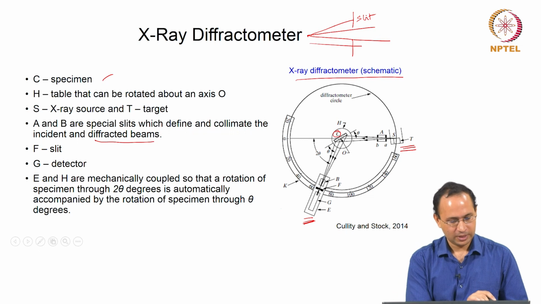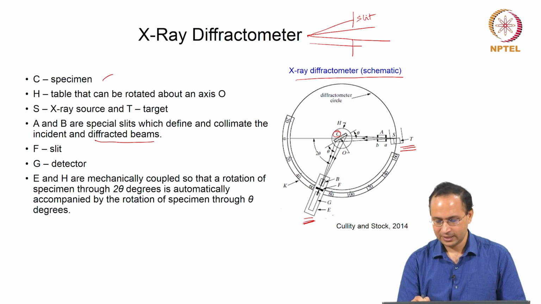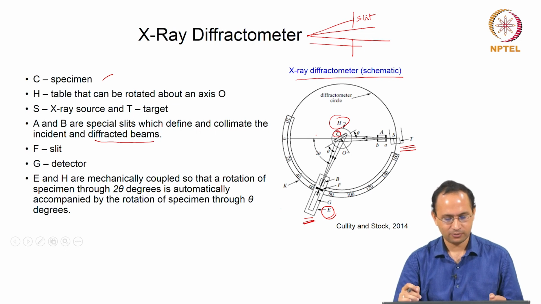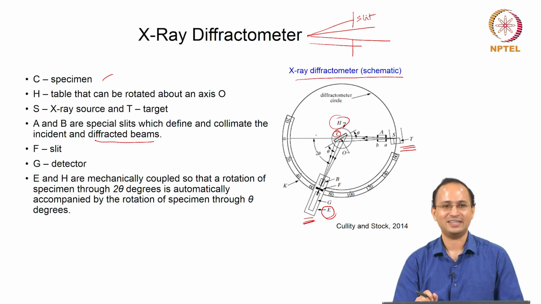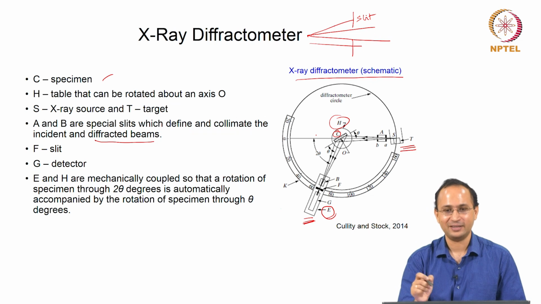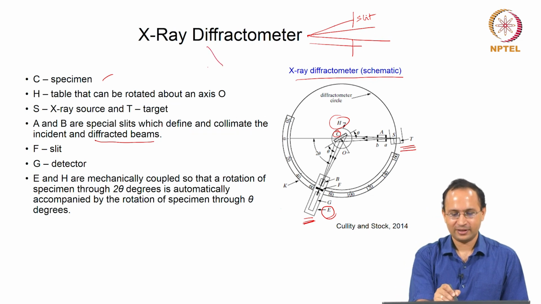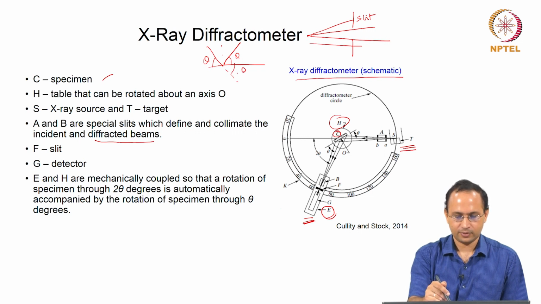This whole assembly moves. E and H are mechanically coupled, so that a rotation of the specimen through theta degrees is automatically accompanied by a rotation of the detector through 2 theta degrees, for Bragg's condition. Here this is theta, and this whole angle is 2 theta.